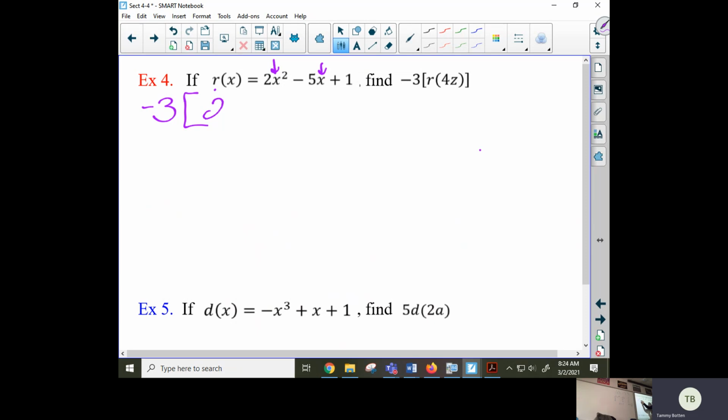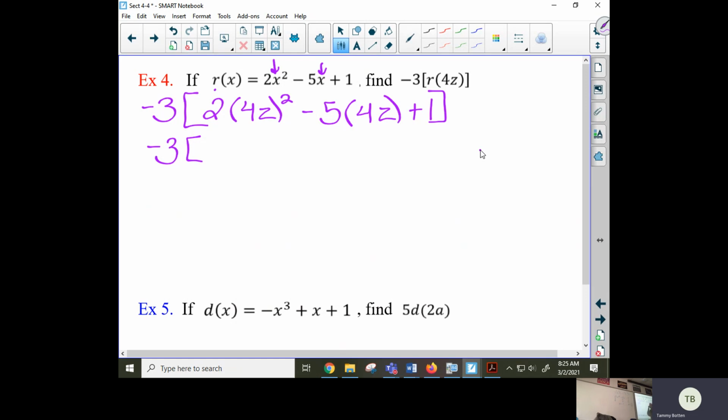Then I have this 2, my x is 4z this time, squared. Minus 5, my x is 4z, and then it's plus 1. I usually just leave that negative 3 out until the very end.